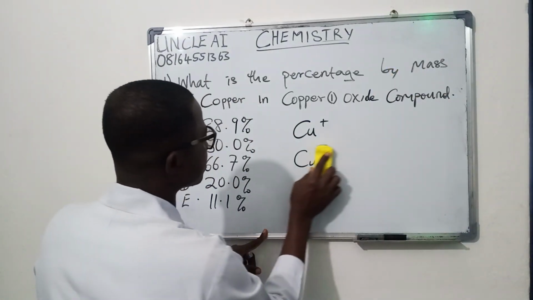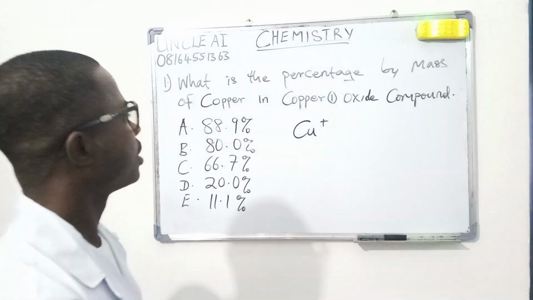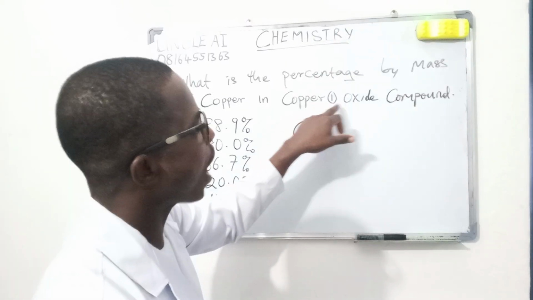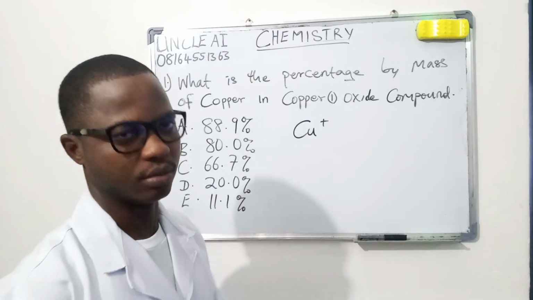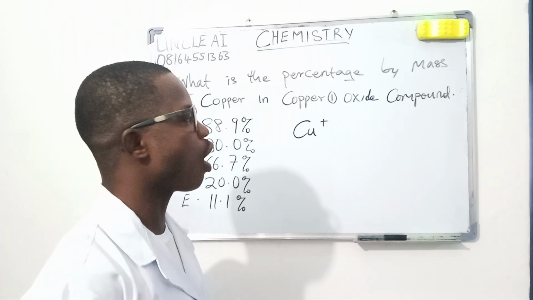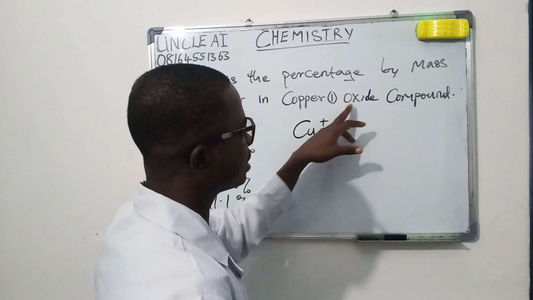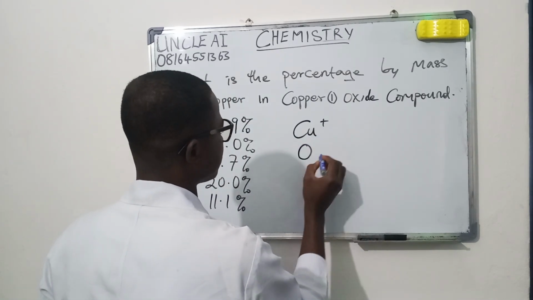So we don't have business with copper 2. Let's deal with copper 1. Now, from the name of the compound, copper 1 oxide, it means this copper 1 reacted with oxygen to form copper 1 oxide. The elements involved in this compound are copper 1 and oxygen.